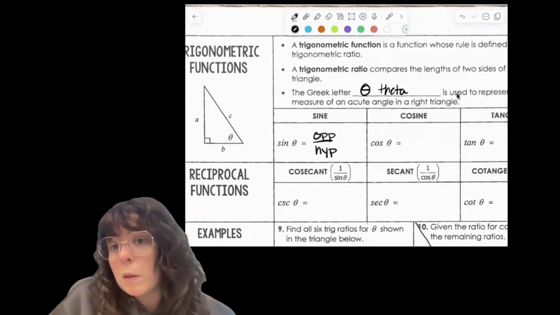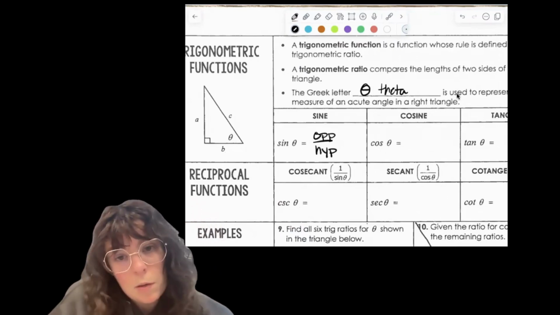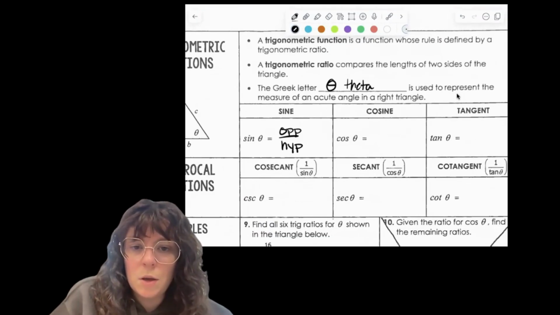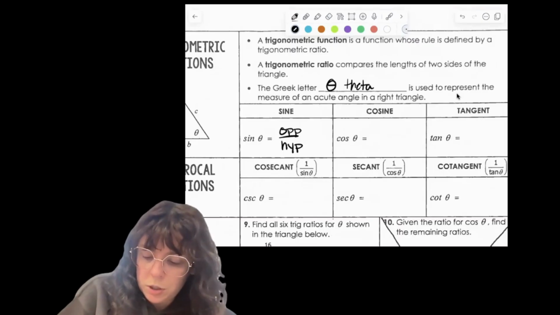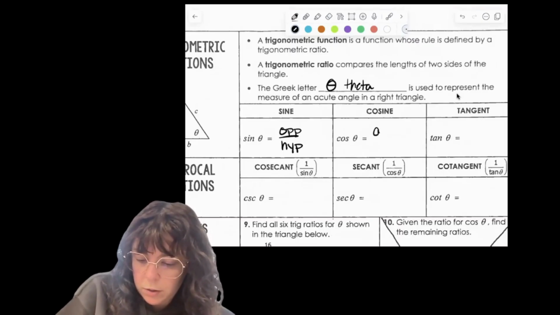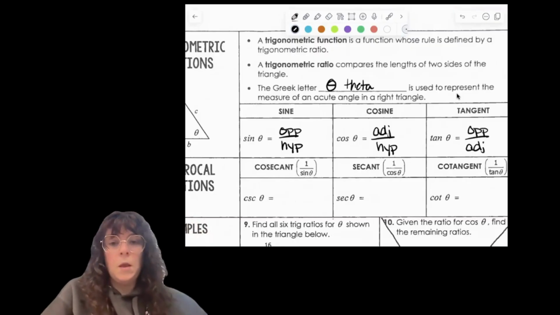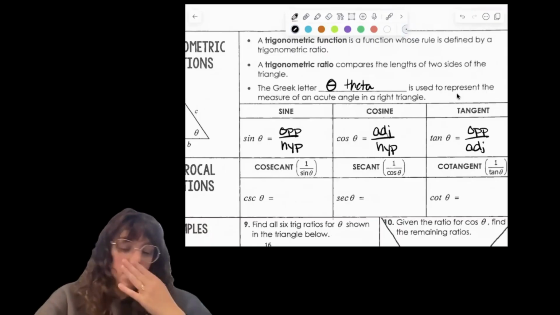You're just going to keep hearing me say it because I want you to remember what it is. You're going to have the cosine, which is the adjacent over the hypotenuse, and then the tangent, which is the opposite over the adjacent.